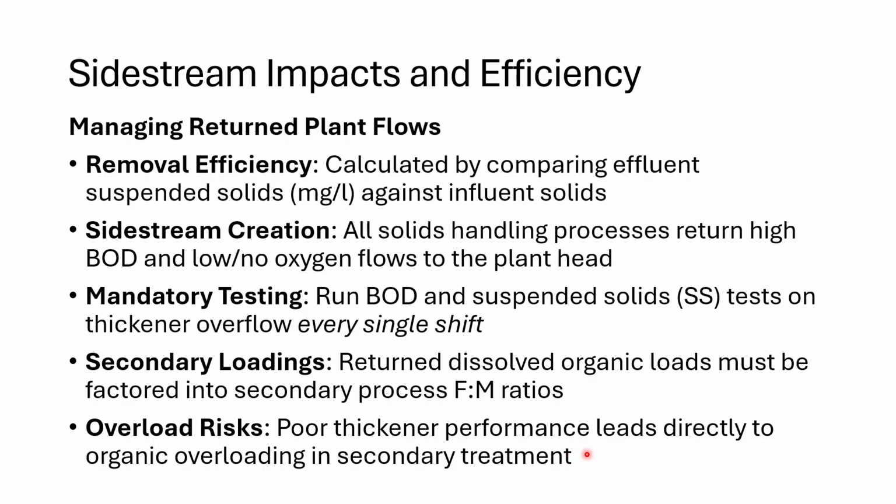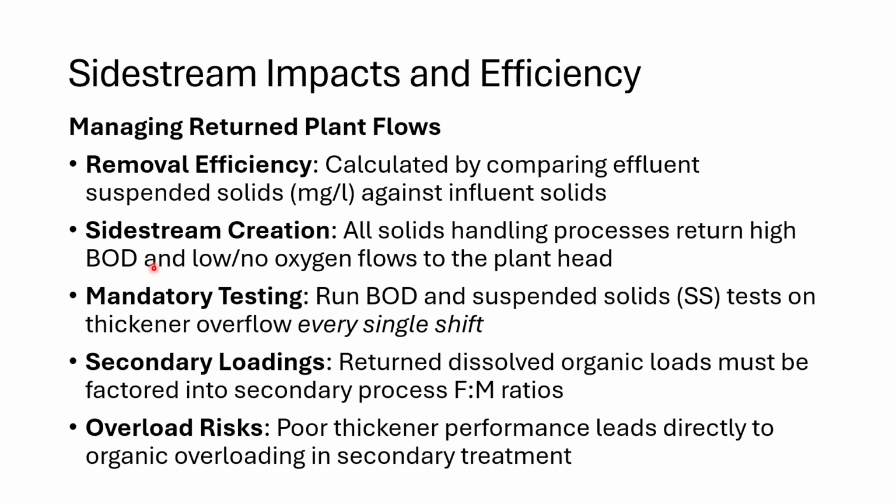Okay, some risks to overload. So if we have a poor thickener performance, what that means is not thickening the sludge enough, increasing the concentration of the solids, we would have more water than we typically want.